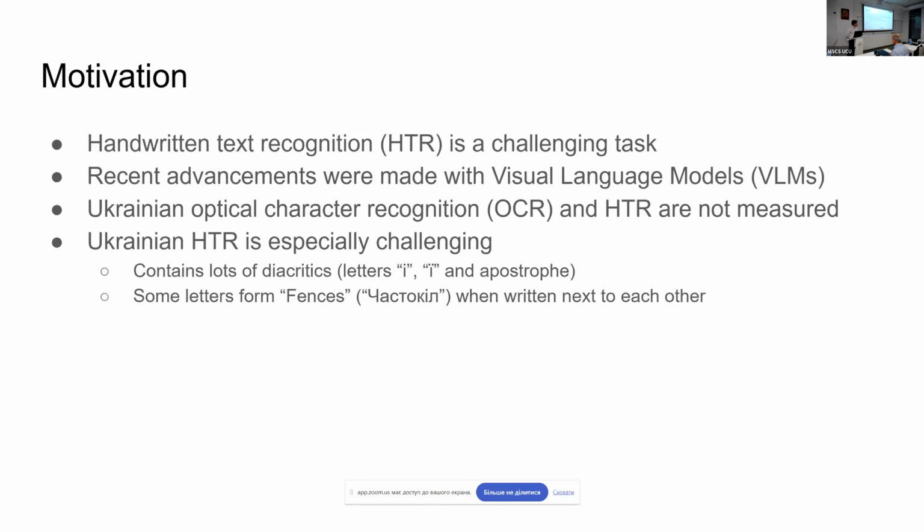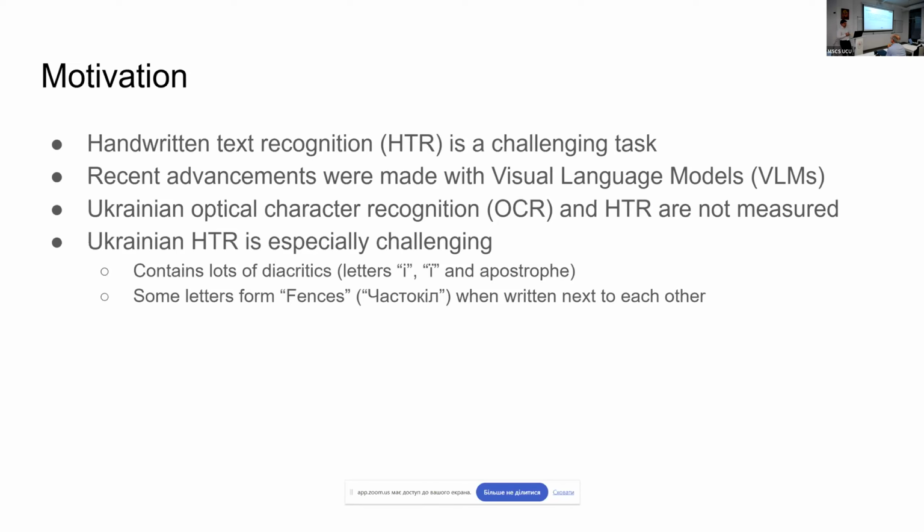There were many advancements made with visual language models, which are a big thing right now. But that progress leaves out the Ukrainian language, because not too many people have researched it before, and not too many people research it now. Some commercial services promise us good recognition of Ukrainian handwritten and printed text, but they sometimes fail, and they may fail for the following reasons.